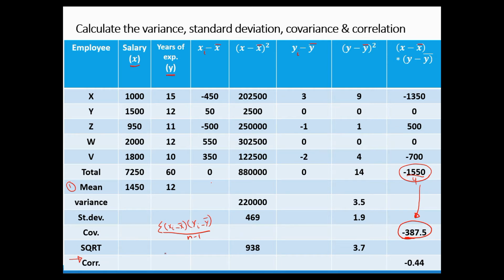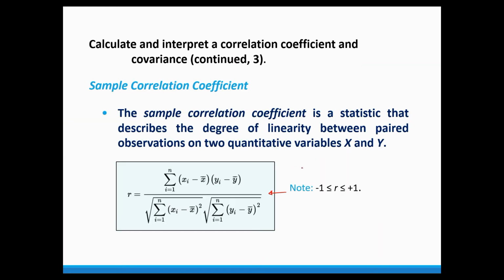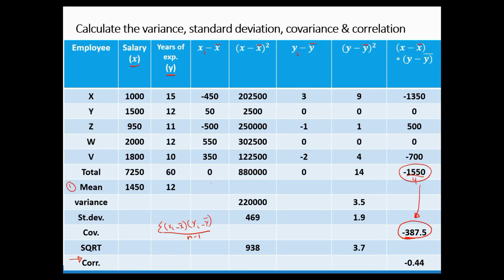So to calculate the correlation coefficient, it's simply the summation of xi minus x bar multiplied by yi minus y bar, and we divide this value by the square root of the summation of the squared differences for x's and the squared differences for the y's from their mean.